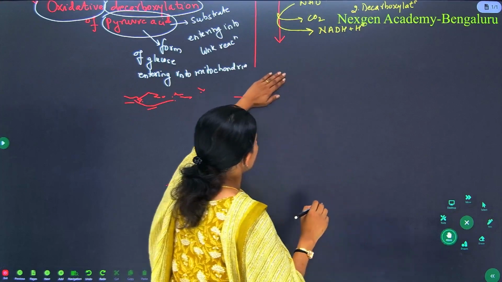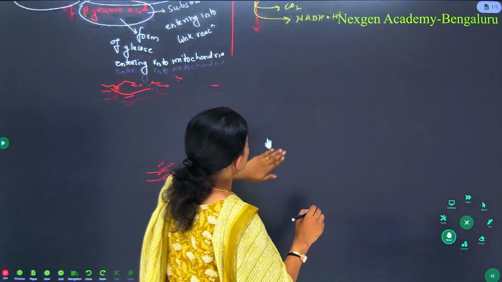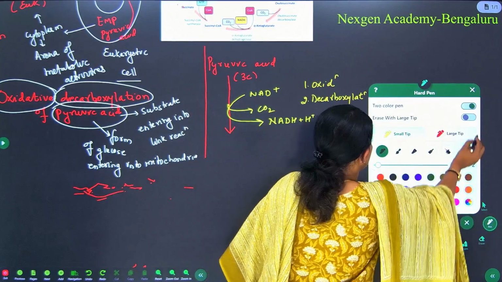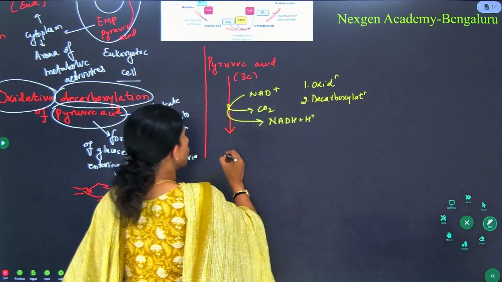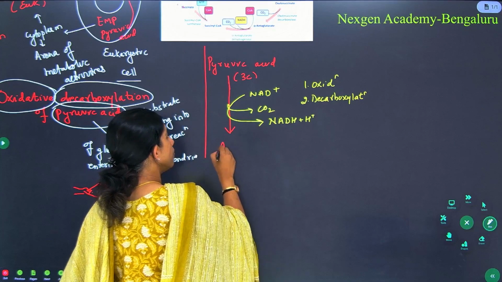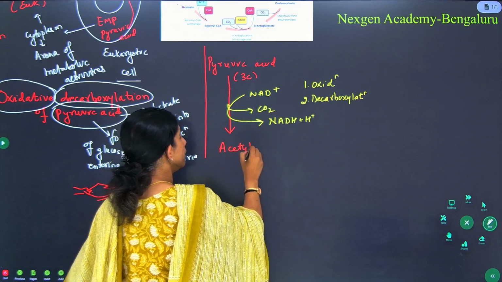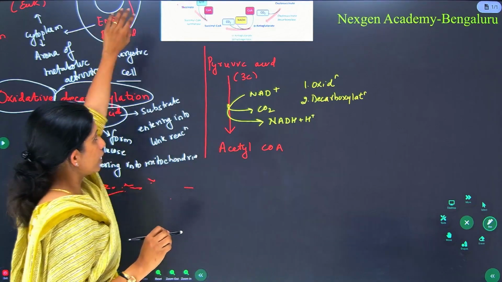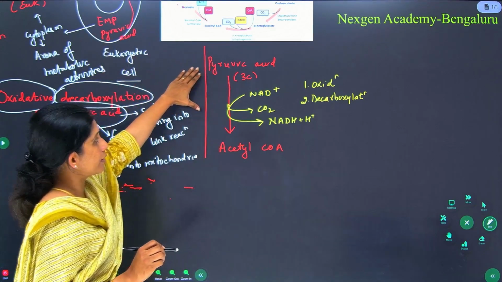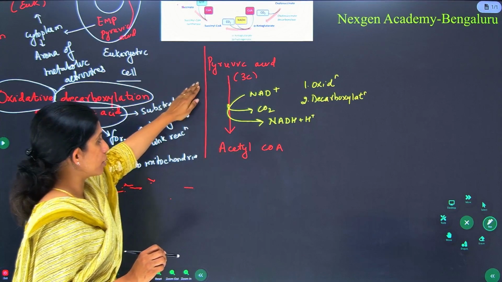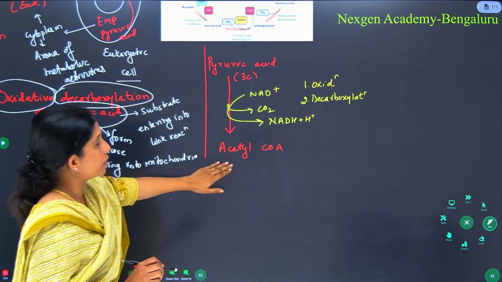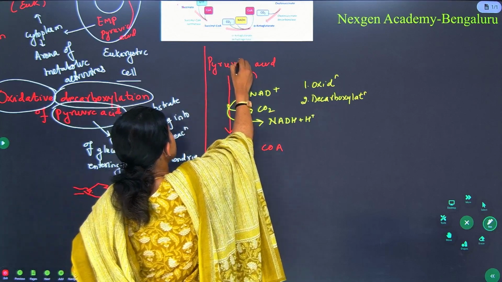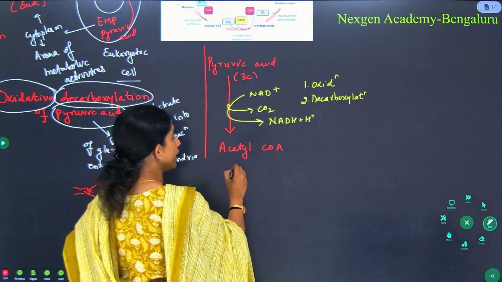So as a result of oxidation and decarboxylation, what is being formed here? What is the product? It will form acetyl coenzyme A. So in link reaction, pyruvic acid will undergo oxidation and decarboxylation to form acetyl coenzyme A. So this is pyruvic acid, acetyl coenzyme A.